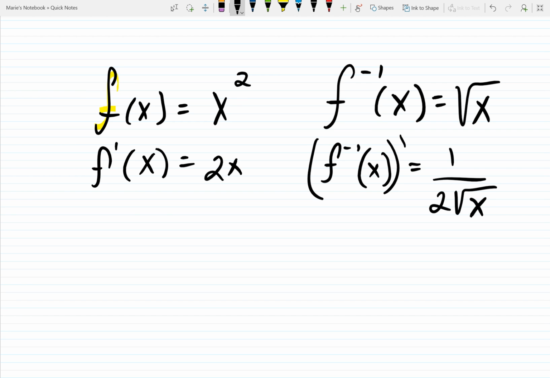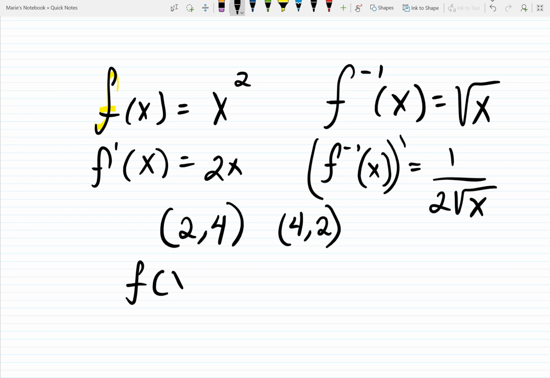And so what they're doing is that they're plugging in the values respectively to solve. So if one of my points, like they had originally in the question, was (2, 4), and I have (4, 2) as the alternative point, then just imagine I'm coming over here and saying f of x is now f of 2. If that is true, then 2 squared should give me 4, correct?